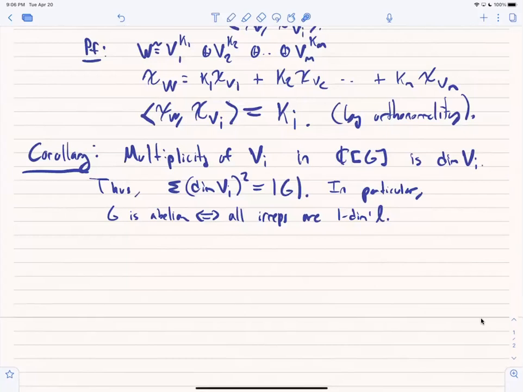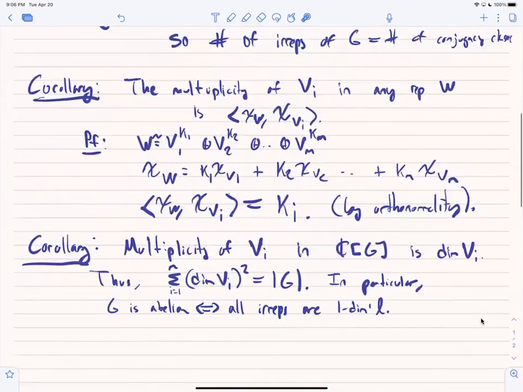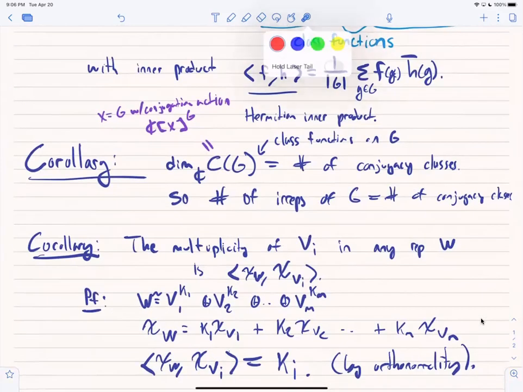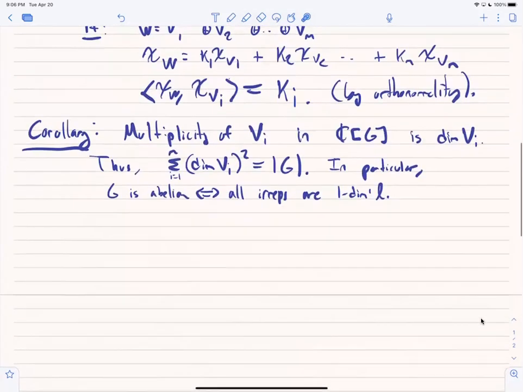If you have the order of G conjugacy classes, then this sum is over order of G irreducibles, by this corollary. It's the number of conjugacy classes, and then something squared. But if you're getting this order of G, each of these can only be 1.